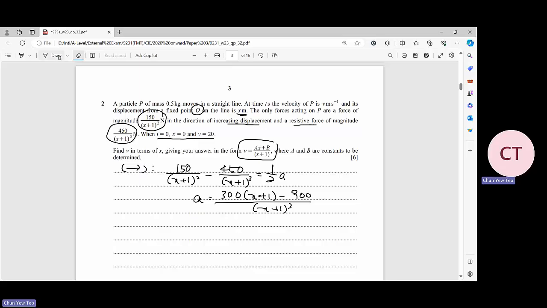So we choose v dv/dx. Since in this case, there's no need for us to combine them together, remaining them this way will be better. No point of combining them because we no need to move the x expression to the other side. So we can just leave it in the form like this.